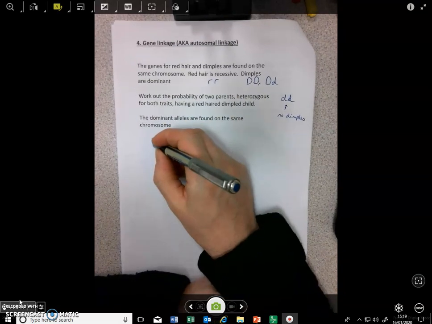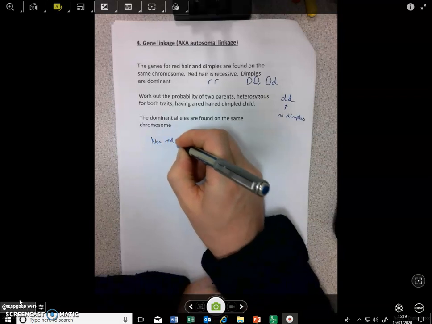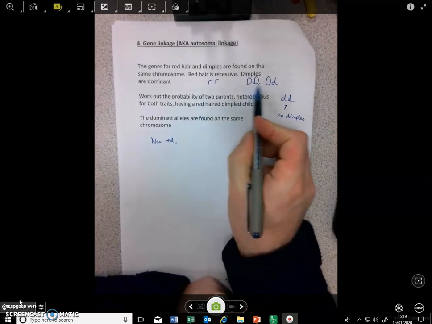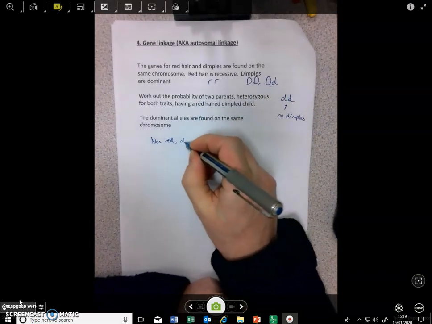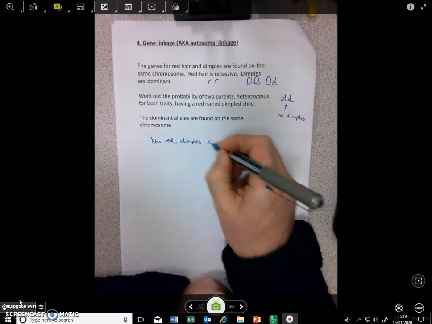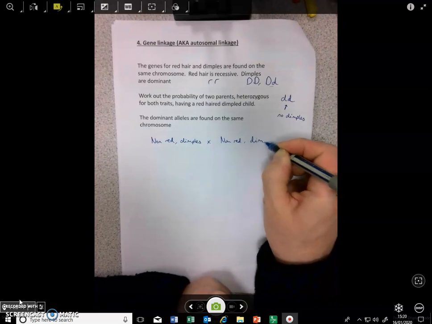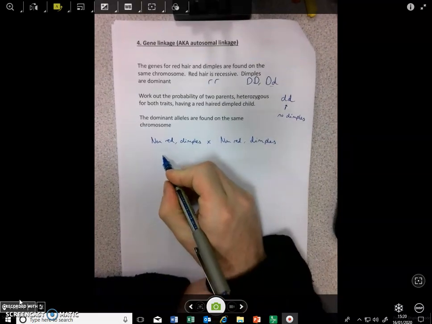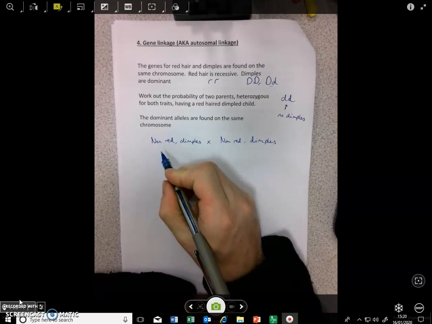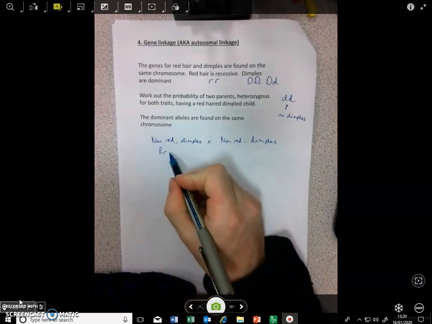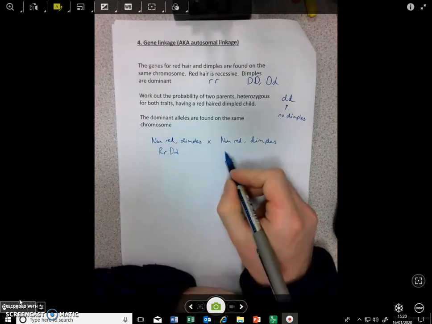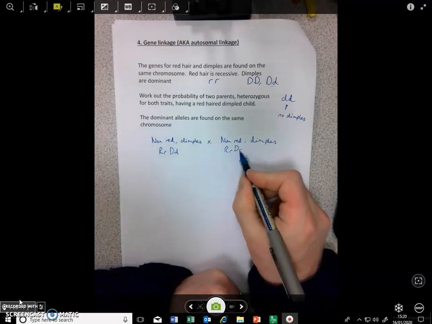So let's go non-red and heterozygous, so they are going to have dimples. And this is the cross, non-red-haired dimples. Let's represent that with our notation here. So heterozygous for both traits, Rr Dd and Rr Dd.